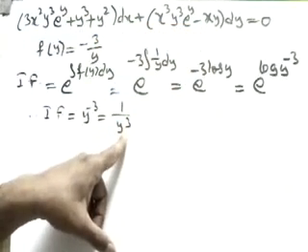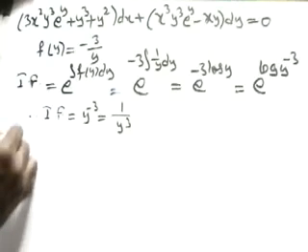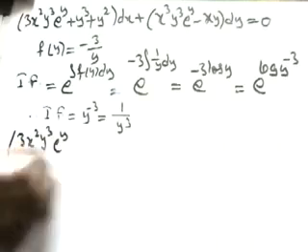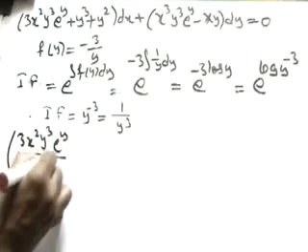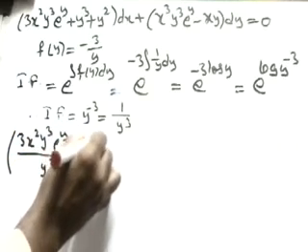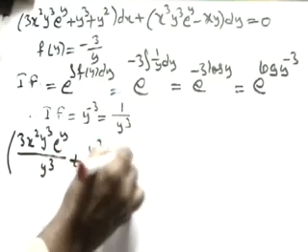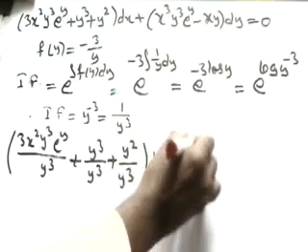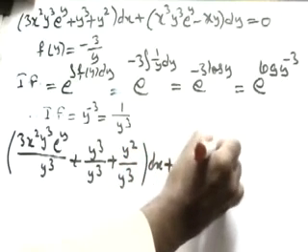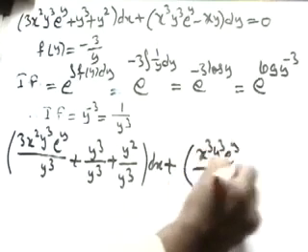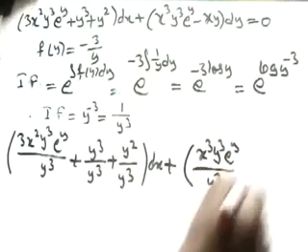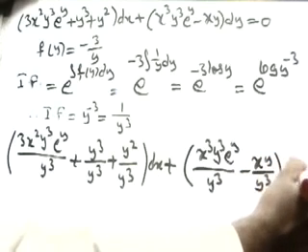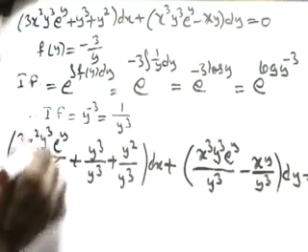Now we have to multiply the entire equation with 1 by y³. So let me multiply: 3x² y³ e^y by, we are multiplying with y³, 1 by y³, plus y³ by y³ plus y² by y³ dx, plus here also let me multiply x³ y³ e^y by y³ minus xy by y³ dy equals 0.